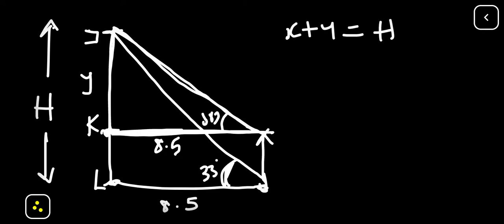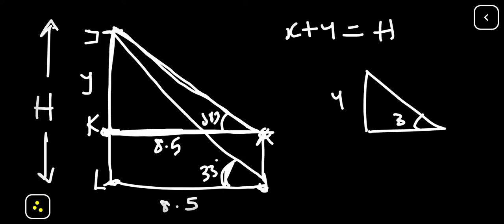So now we know that the diagram where Y is has 30 degrees, and this is 8.5. To know Y, this is opposite, this is adjacent. Opposite over adjacent is tan.